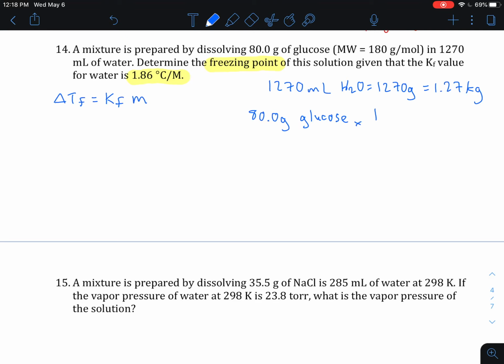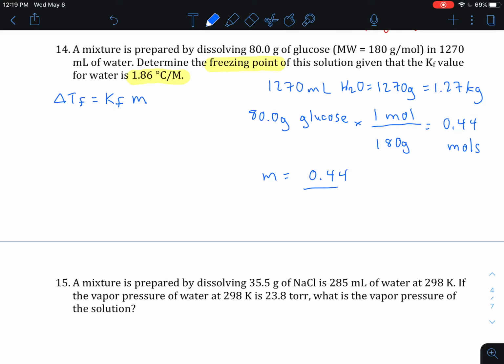And then we need to change our solute grams into moles. So it's 80 grams of glucose times 1 mole over 180 grams. So we can call that 0.44 moles.